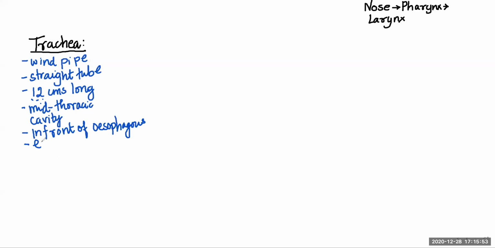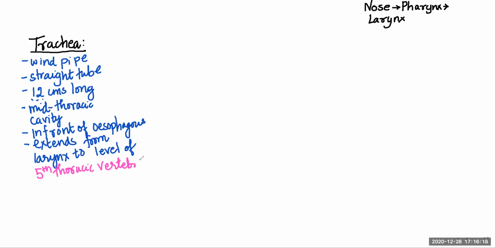Then the trachea begins from the larynx. ठीक है ना, larynx से शुरू होता है to the level of, ये important है, the fifth thoracic vertebra. I hope you remember the vertebrae. Yes, vertebrae are backbones, right? So अब फिफ्थ thoracic vertebra को imagine करो, उधर से एक horizontal plane देखो.